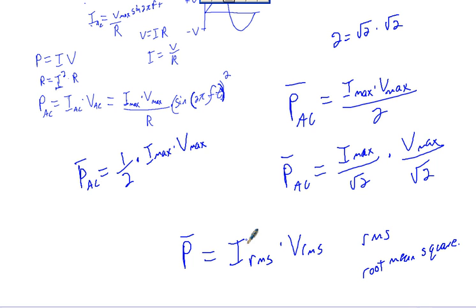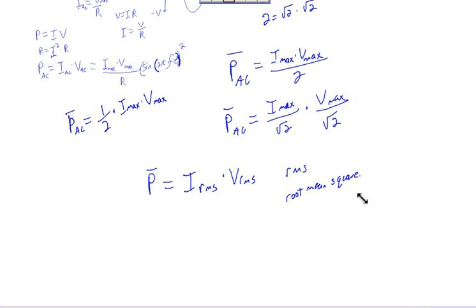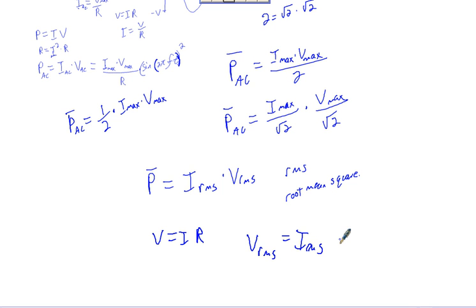The reason we want to do this is so that we can actually turn all of the equations that we've previously dealt with into these equations. So instead of talking about V equals I R, we can talk about the root mean square voltage equals the root mean square current times resistance. The resistance is constant, whereas these will change.